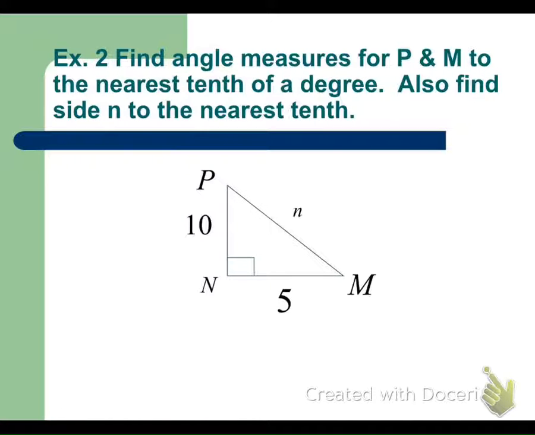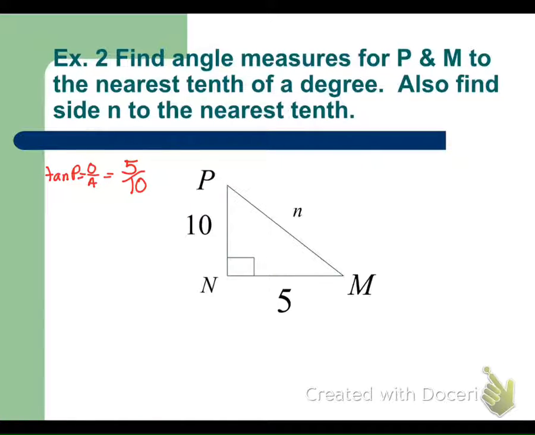Tan. So we're going to use tangent because it's the only one that deals with opposite and adjacent. So tangent of P equals, through our SOH CAH TOA, opposite of P was 5, adjacent to P is 10.